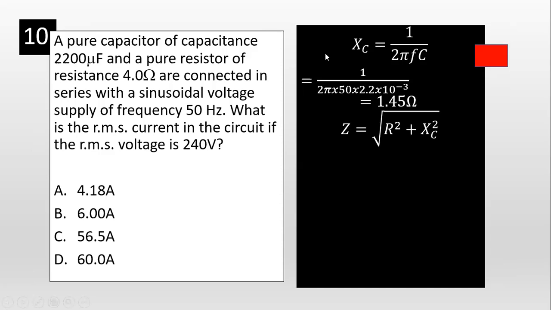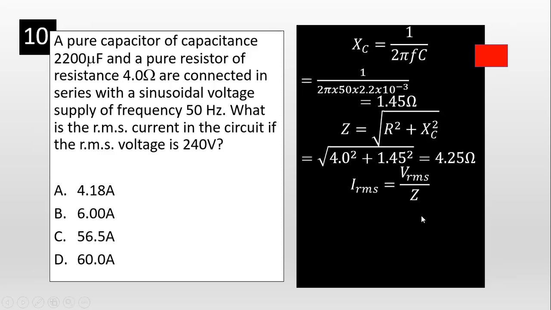Then calculate your Z. Z is your total resistance or impedance. R square plus XC square. Put in your value. You get 1.45. And finally, root mean square V over Z. Put in your value, 240 over that. So you get 56.5 ampere.